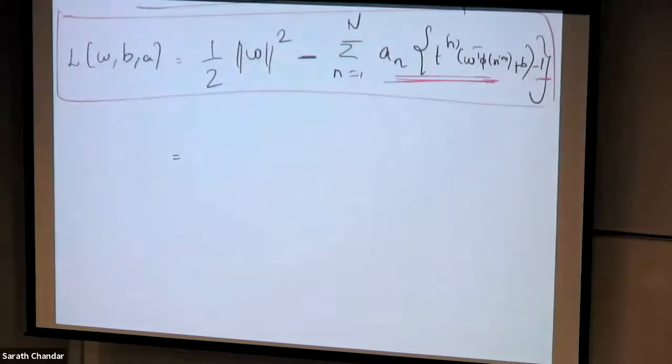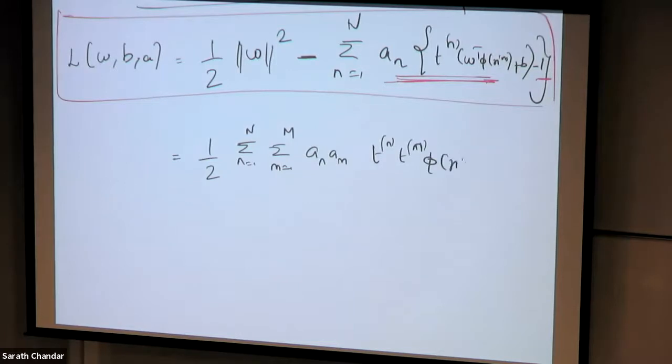So this is going to be 1 over 2, and this is W square, so there's going to be a double summation: summation over N is equal to 1 to capital N, summation over M is equal to 1 to capital M, An Am Tn Tm, phi of Xn transpose phi of Xm. Is that clear? So I have just substituted what is W square in this equation.